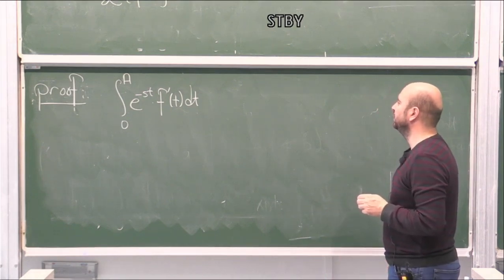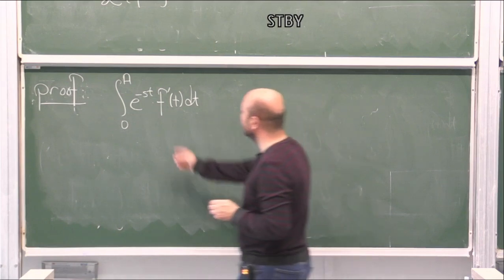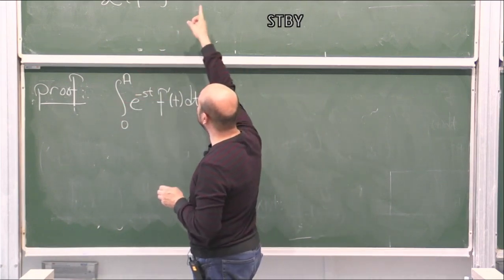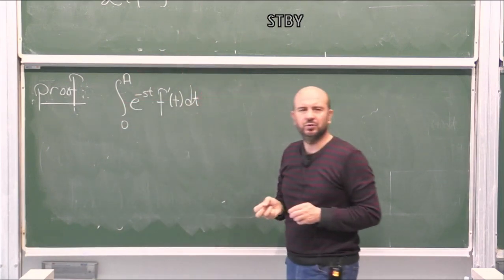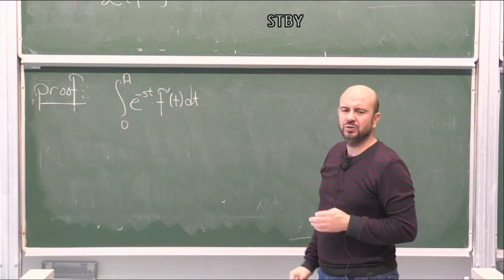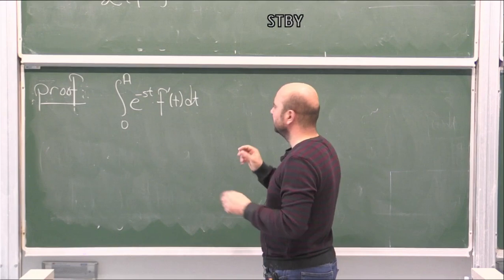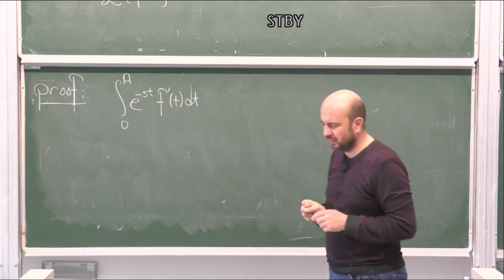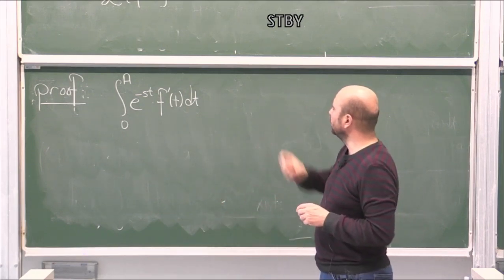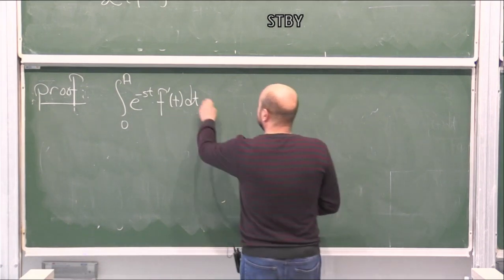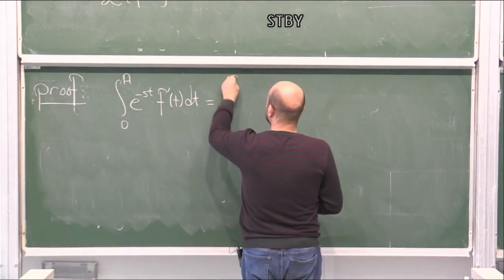But between 0 and a, f prime is not continuous, it's piecewise continuous. Piecewise continuous means it will have at most jump discontinuities. So at the finitely many jump discontinuities, I can write my integral in the following way.